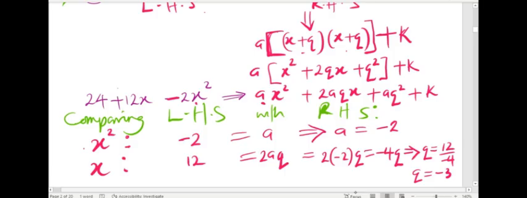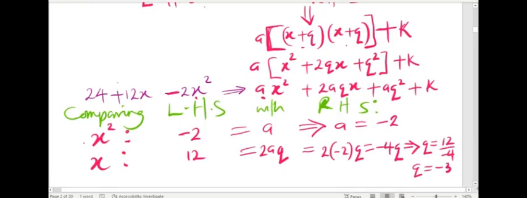All right, so we have q. Then we compare the constant. We started with the term in x squared, then the term in x, and now we look for the constant.